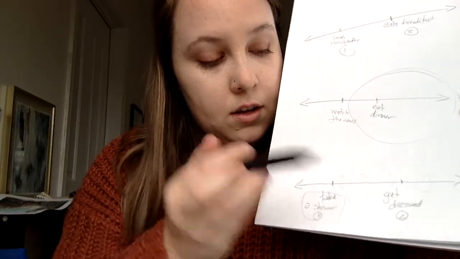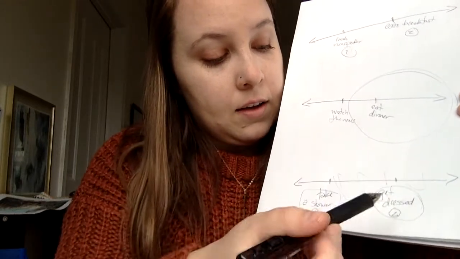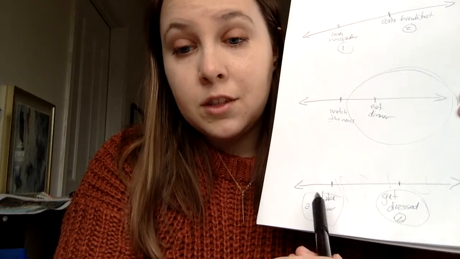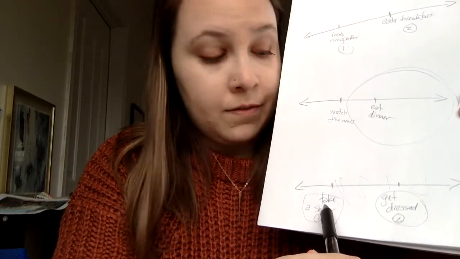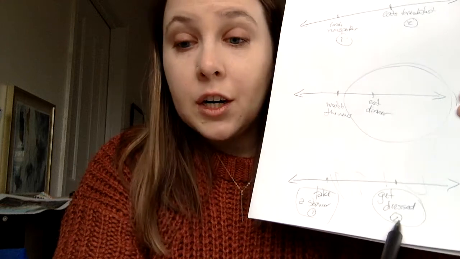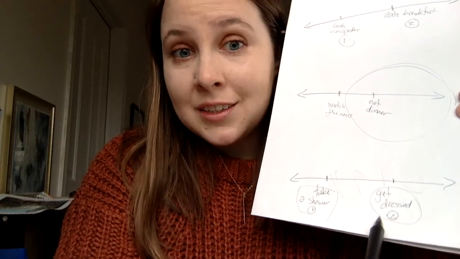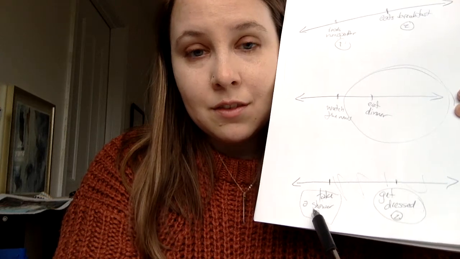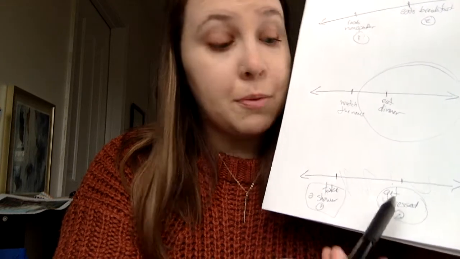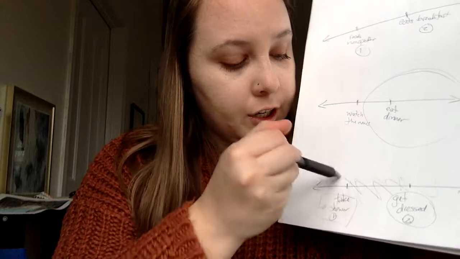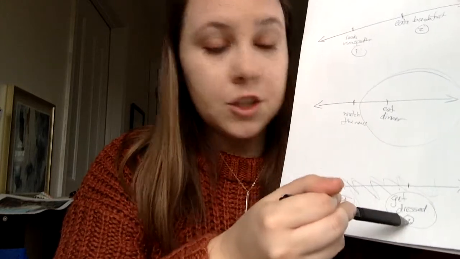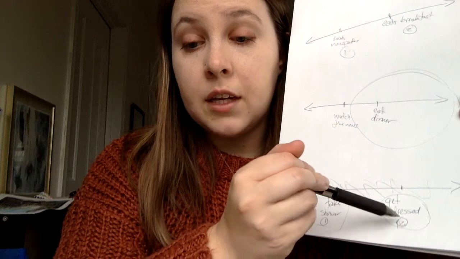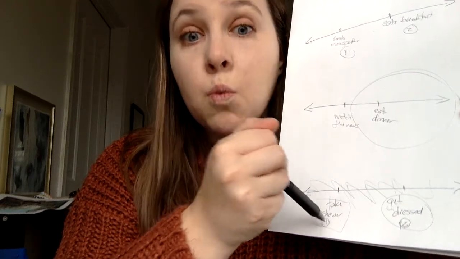So before she gets dressed, she takes a shower. Before Bonnie gets dressed, she takes a shower. So before is talking about earlier. So it gets attached to number 2. Before event 2, event 1.